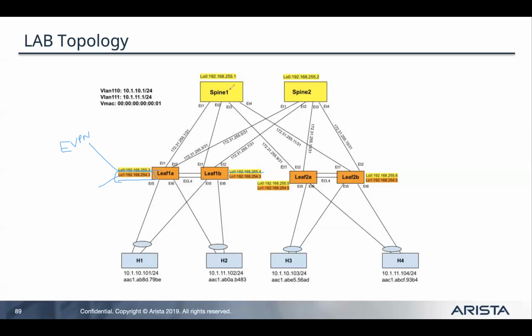What will happen is the spine will have the same neighbor for both leaf 1A and 1B EVPN. That will create a problem about where the packet should go, because you have two. Your neighborship with the other one might not come up if the packet is moving this side. That's the reason you need to have two different loopbacks.